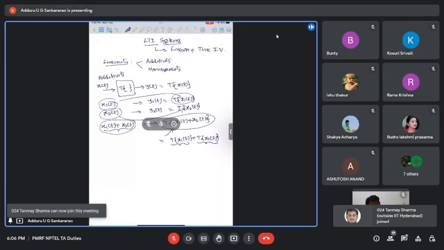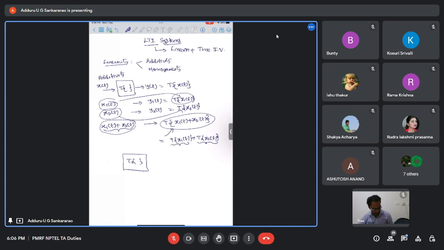And the next property is homogeneity. So this is our system. If I give x of t as input, let us say I get output y of t. Suppose I scale the input with some alpha and give it as input, then I get some output.